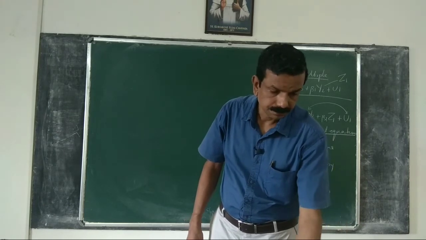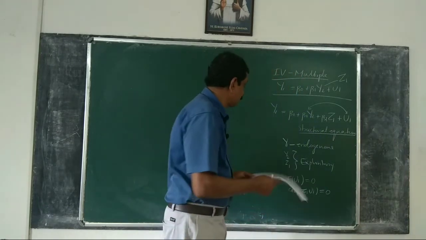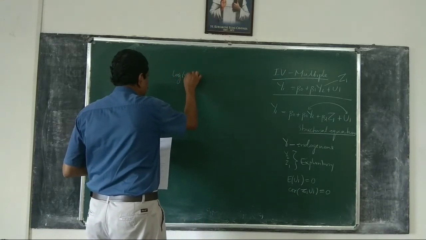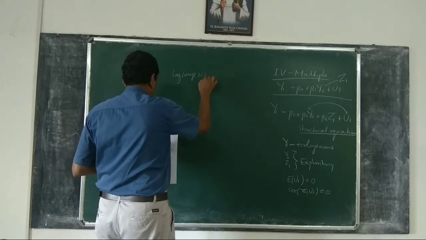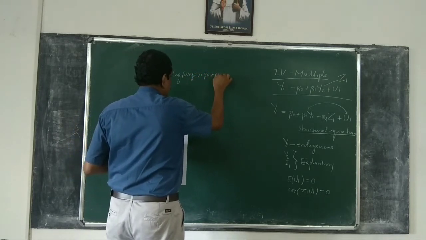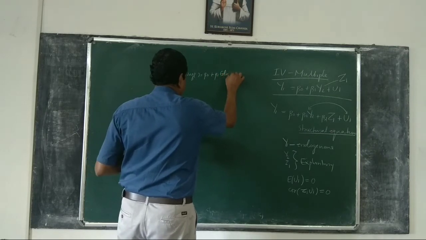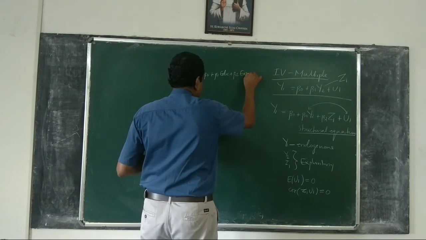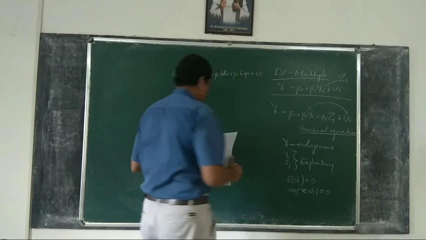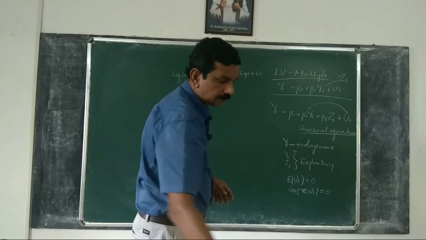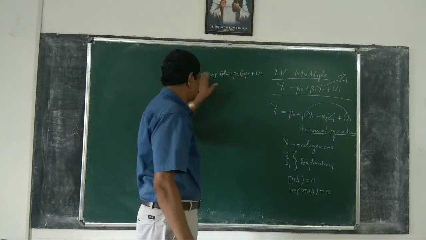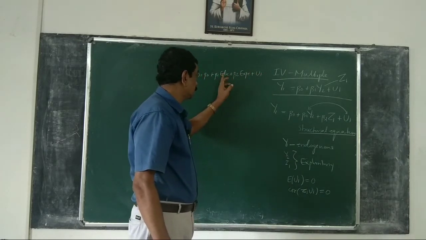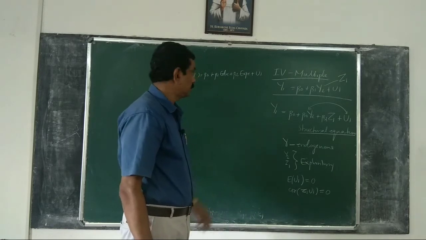As an example, consider the log wage equation: log wage is equal to beta 0 plus beta 1 education plus beta 2 experience plus u1. In this equation, education is endogenous because education is assumed to be correlated with u1.